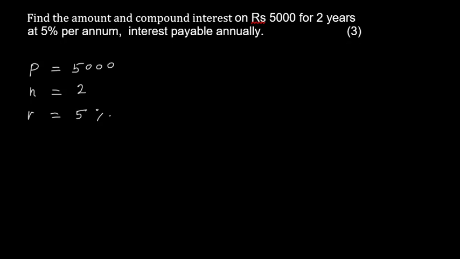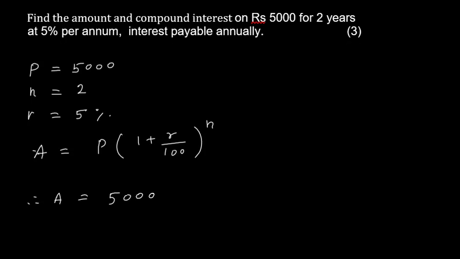So first we will find the amount. For amount the formula is P into 1 plus R upon 100 whole power n. Therefore amount is P, the value of P is 5,000, into 1 plus the value of R, 5 upon 100, the whole power n is 2.